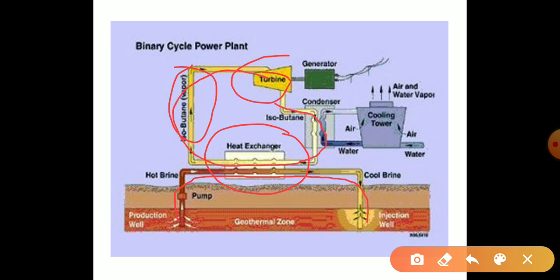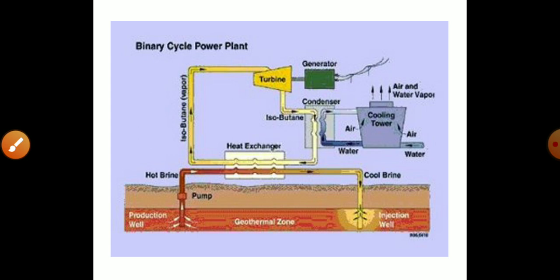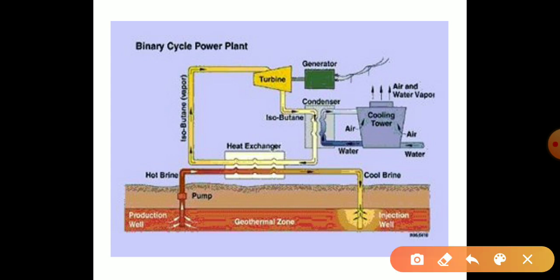This circular path is maintained there. The liquid is heated, then goes to the turbine, then is cooled again and comes back to this position. So this circular path goes on, and the geothermal hot water or steam does not come to the plant position directly.